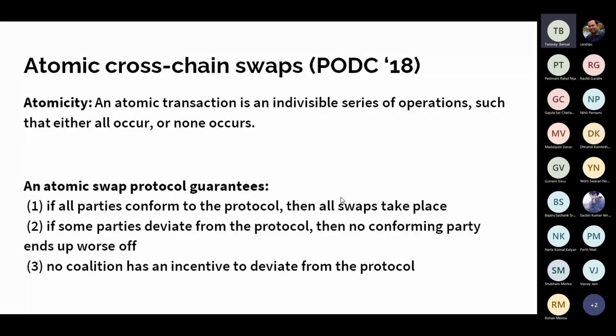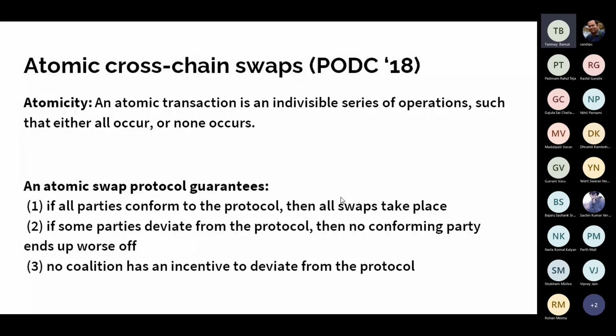In one example it is a combination of cryptocurrencies and other physical assets, but of course those are to be maintained on the chain. We'll look into that. An atomic swap protocol would guarantee that if all parties conform to the protocol, then all swaps do take place.